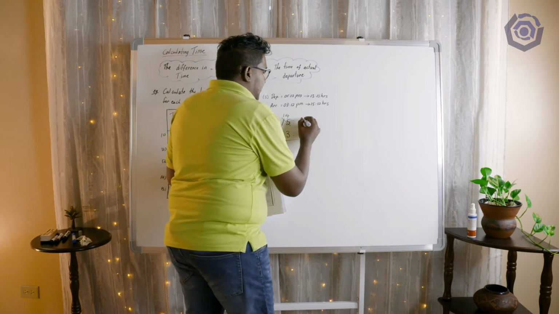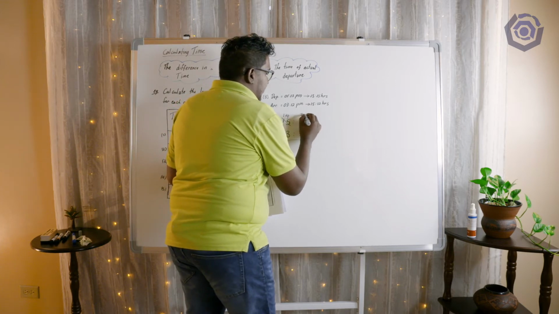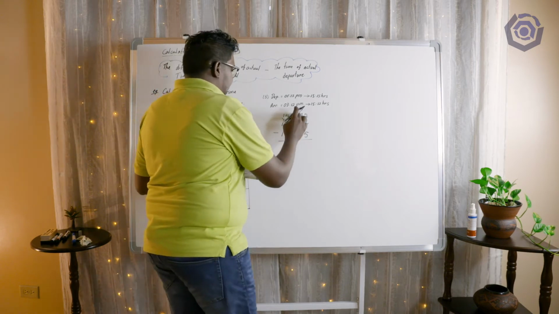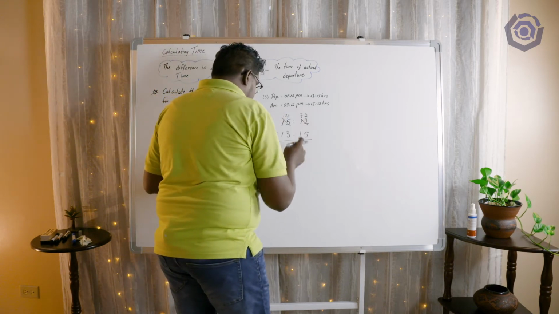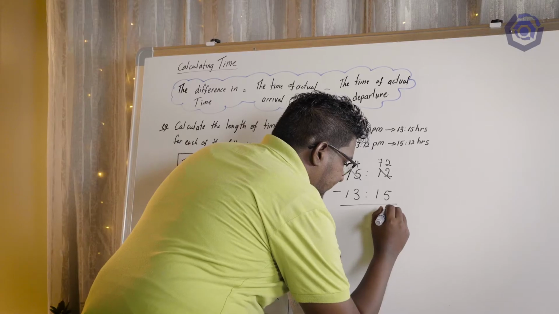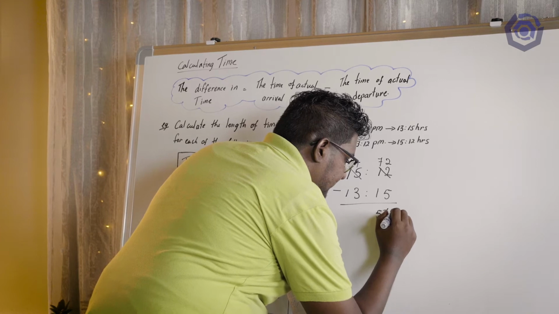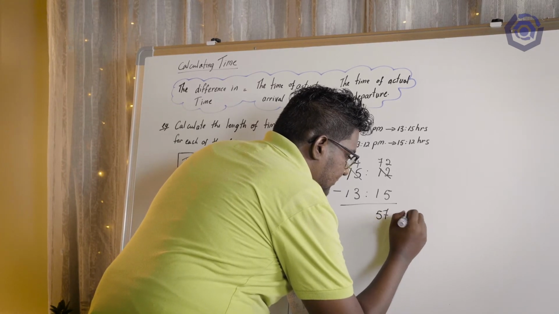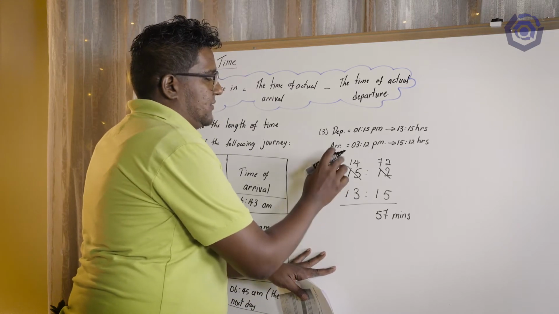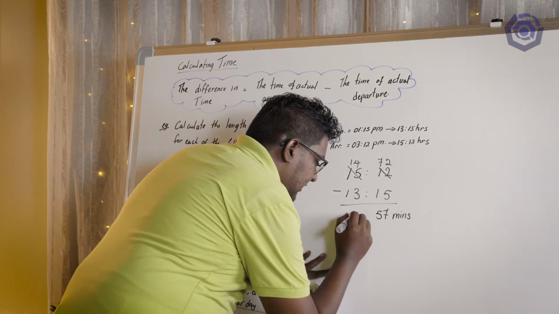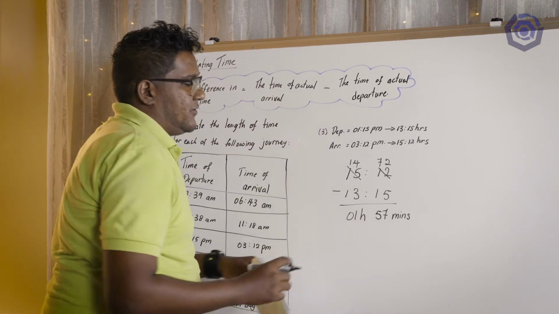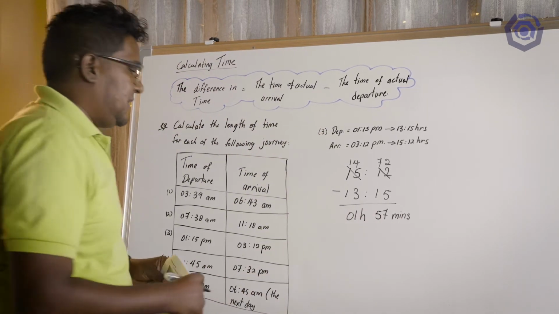So 60 minutes plus 12 is going to give me 72 minutes. And 15 from 72 is going to give me 57 minutes. And 13 from 14 is going to give me 1. So the time here is 1 hour and 57 minutes.